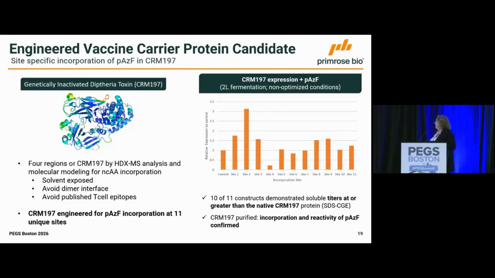And you can see that in 10 out of the 11 places where we inserted PAZF, we got really nice expression, at least, or in some cases greater than what we see typically with CRM197 expression in Pseudomonas fluorescens.